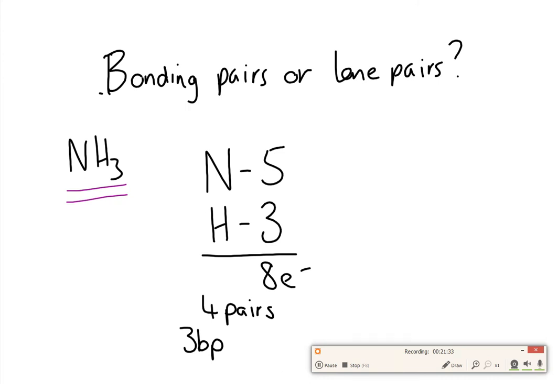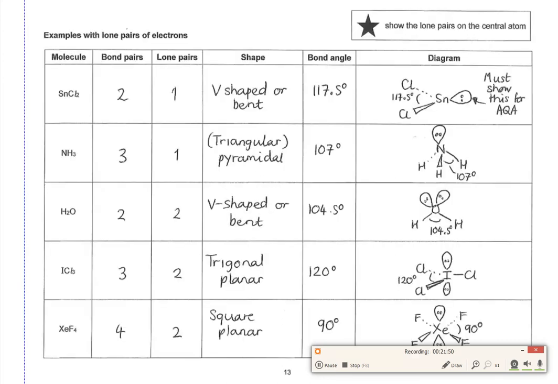So if 3 of them are bonding pairs, that must mean that one of those pairs must be a lone pair. So this kind of helps us work out how many bonding pairs, how many lone pairs there are. So if I go back to my table, if I look up 3 bonding pairs and 1 lone pair, I have a pyramidal shape, 107 degree angle, and I would draw my ammonia like so.